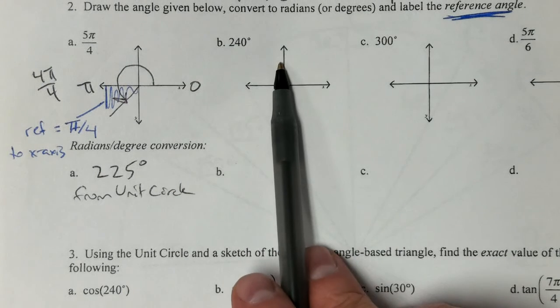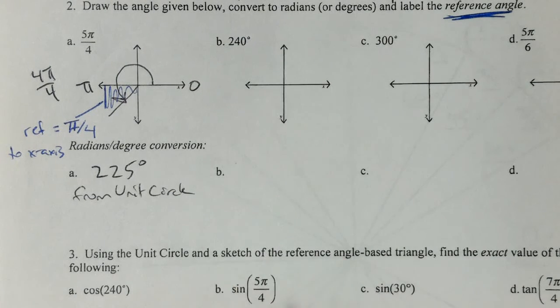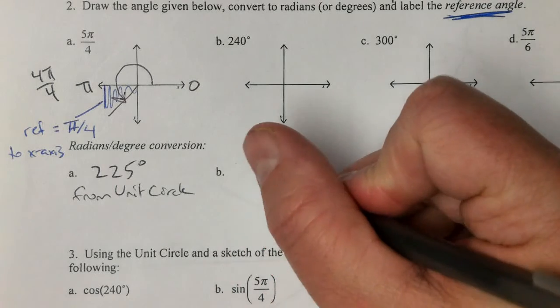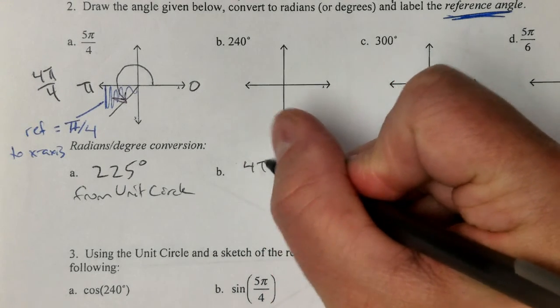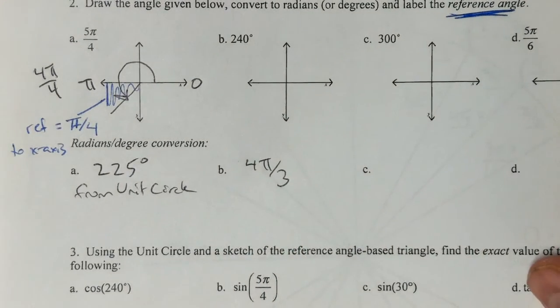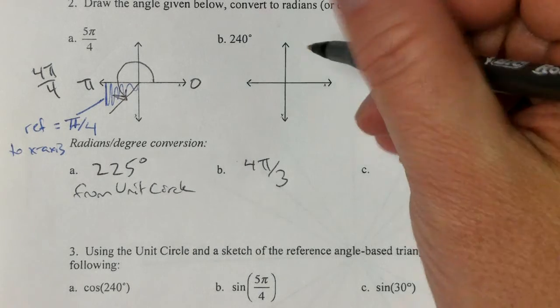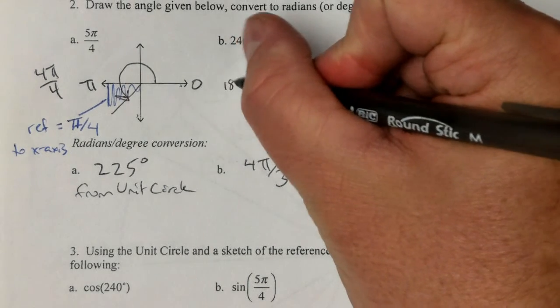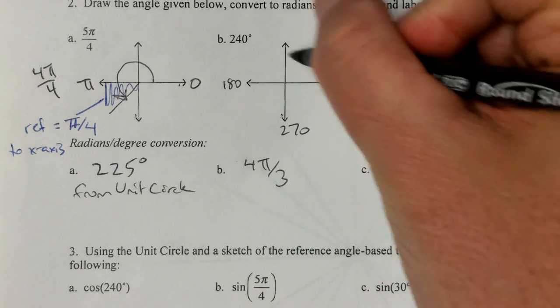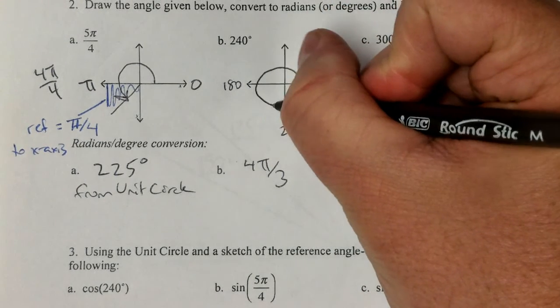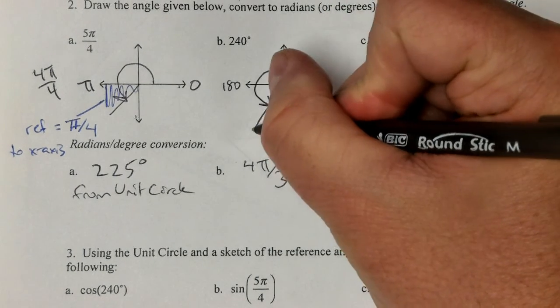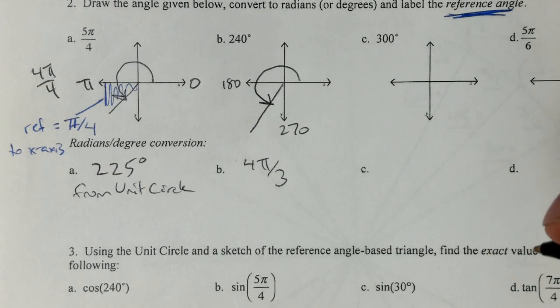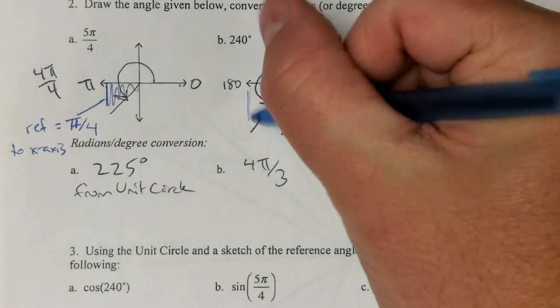Okay, then 240 degrees, find it on the unit circle, and you get 4 pi over 3. And if this is 180 and this is 270, it just loops around like this. And your reference is this part.